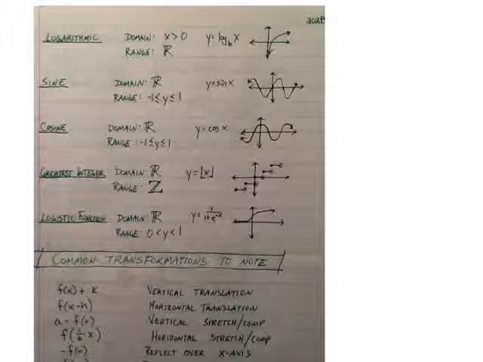Next up we have some trig functions. The sine function starts at 0, 0 and does its curves. The cosine function starts at 0, 1 and does the same curves as the sine function, we just have it shifted. Then there's the greatest integer function.